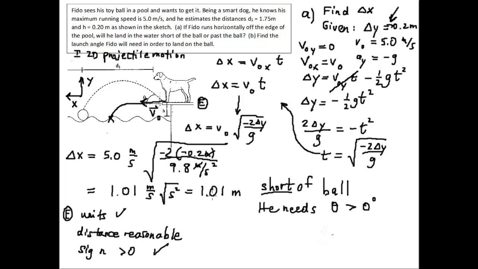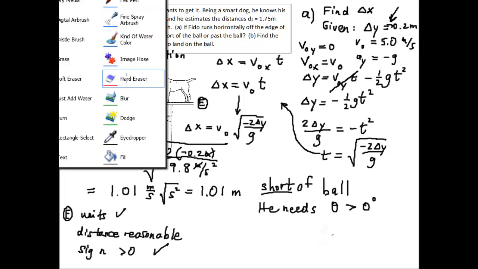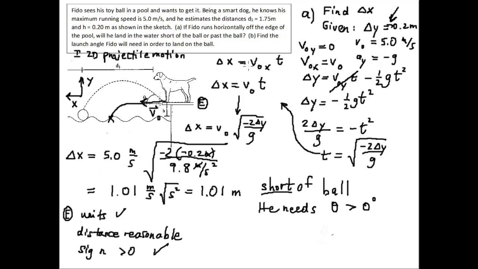All right, now part B is find the launch angle that Fido will need in order to land on the ball, because clearly we found out he doesn't land on the ball with a 0-degree takeoff angle. So let me erase some of this, and then we will do some work to solve for the angle.